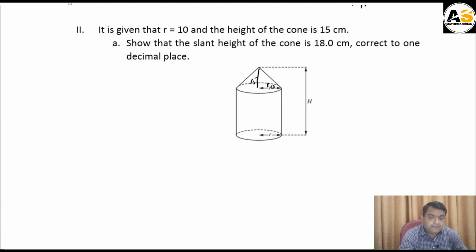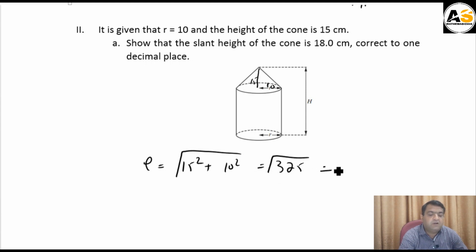This is slant height. This is basically the hypotenuse of this triangle. Slant height L will be square root of 15 square plus 10 square. This will be square root of 325. With the help of calculator, you can find this will be 18.00 something, rounded off to 18 centimeter. I hope this is clear.